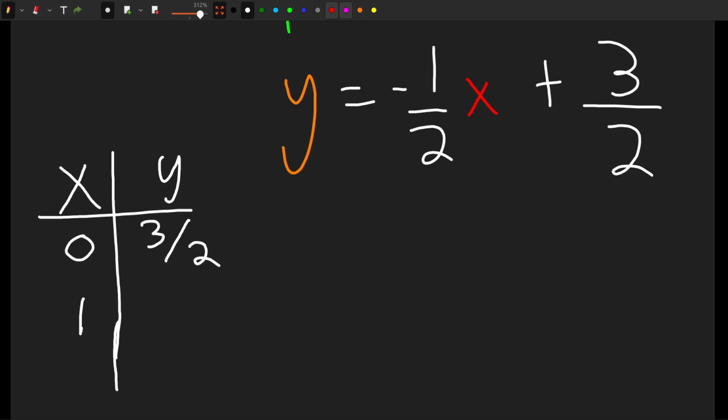Additionally, when I plug in 1 for x, I'm going to get negative 1/2 plus 3/2. That will give me 1, because negative 1 plus 3 is 2, and 2 over 2 is 1.